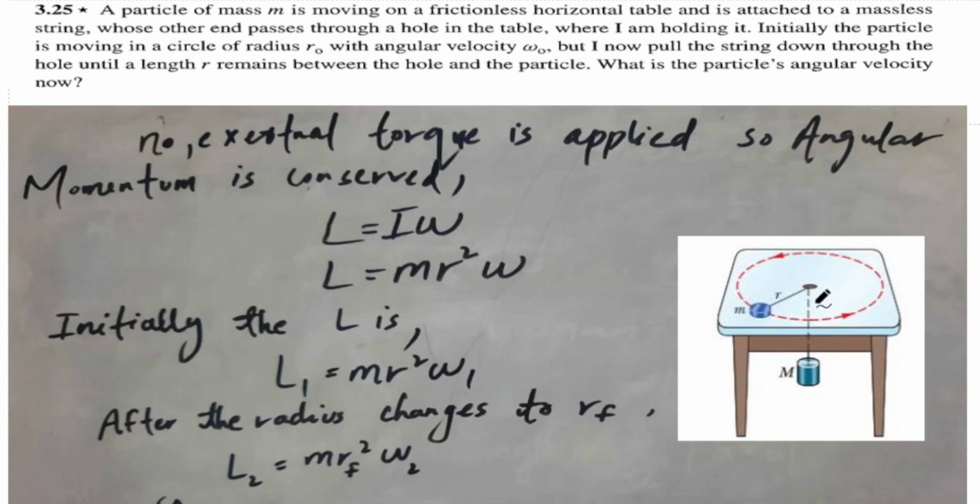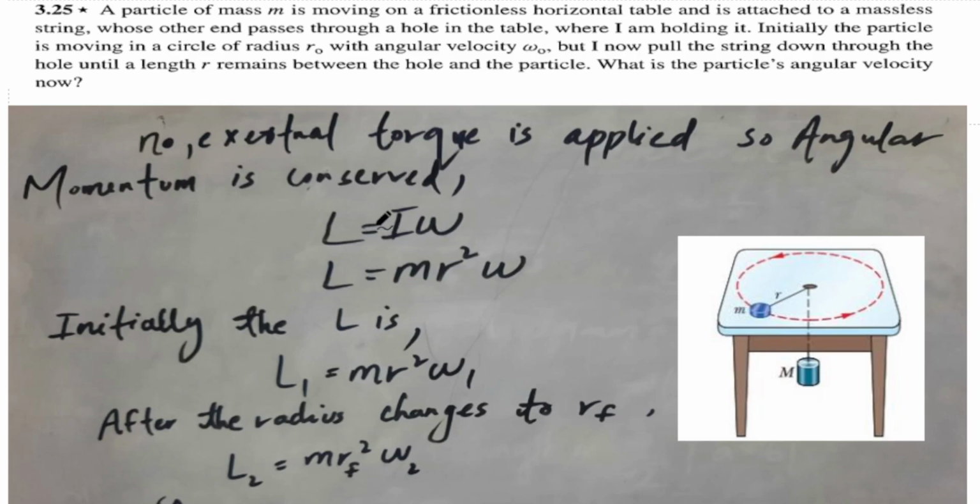Now we have to find the angular velocity when we bring this particle near to the hole. First, we assume that there is no external torque, so the angular momentum remains conserved. This is the formula for angular momentum, which equals the product of moment of inertia and angular velocity.